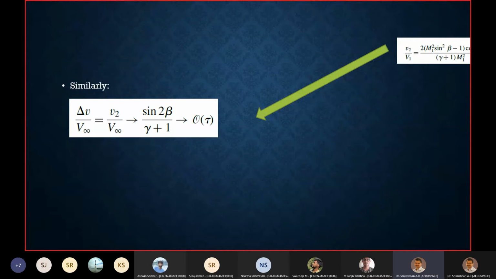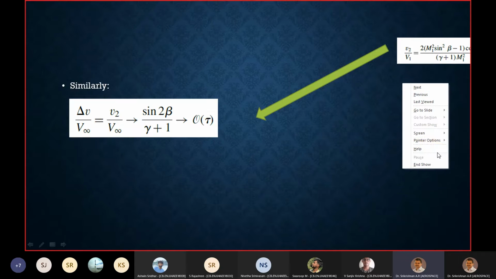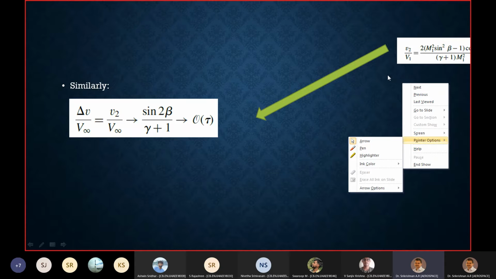Now we have fractions like delta v by v, where delta v is the velocity component in the y direction, which is actually v2, because to begin with the free stream velocity does not have a y component. So delta v itself is v2. So v2 by V infinity comes out to be sine 2 beta by gamma plus 1, given the original relation, which is what we have from the oblique shock relations, that is V2 by V1.